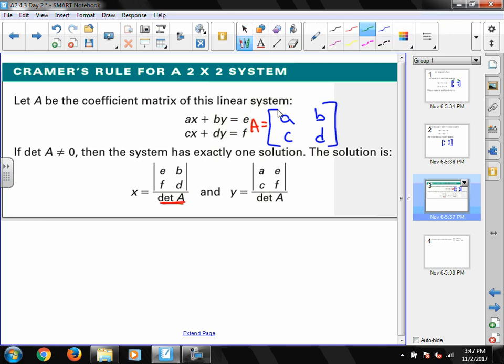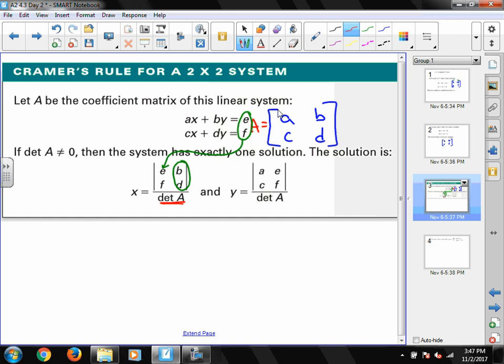Then we're solving for x. So we're going to take out our x values, and instead we're going to plug in what the equations are equal to. Notice that this column right here remains unchanged, exactly the way it is. Then those bars mean that we find the determinant of that, and that will spit out x for us.